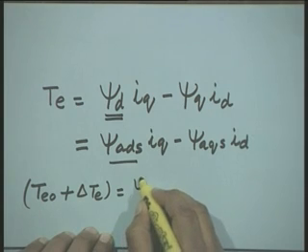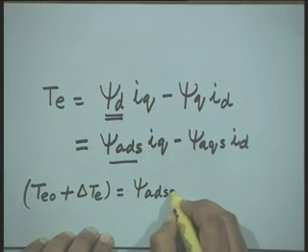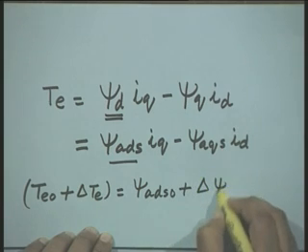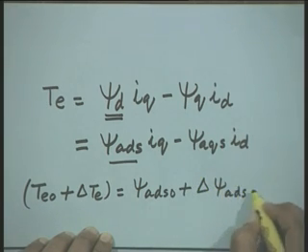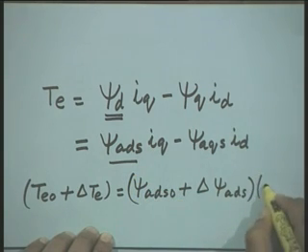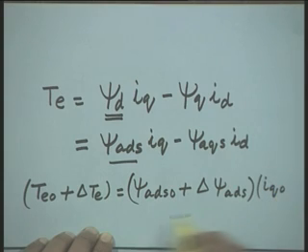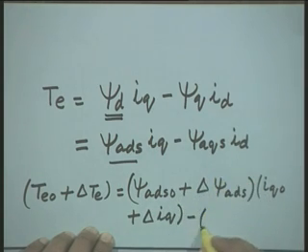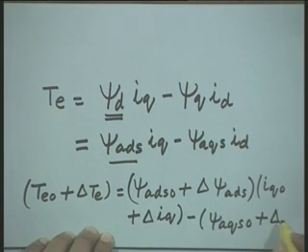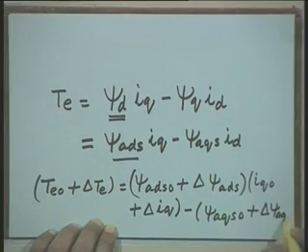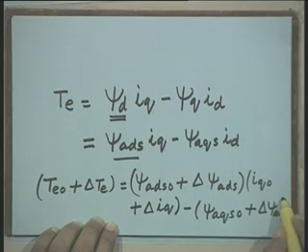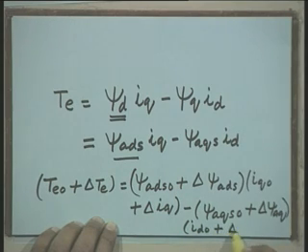Express this term as psi ADS0 plus delta psi ADS, IQ will be expressed as IQ0 plus delta IQ, minus, this is also perturbed, psi AQS0 plus delta psi AQ, into ID, which is expressed as ID naught plus delta ID.